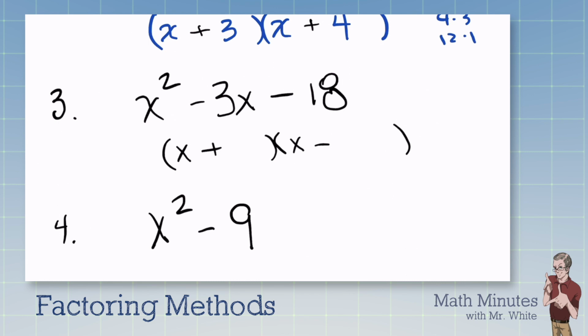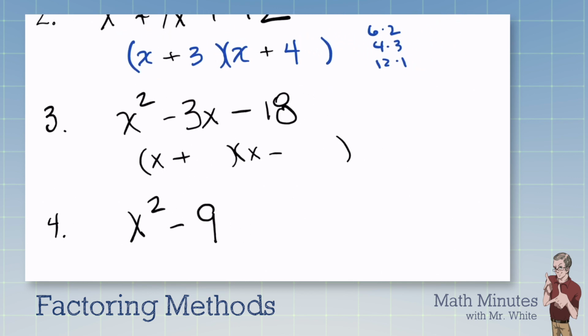So I always like to fill in what I know has to be true, and that helps me solve the problem eventually. All right, so now let's think about what multiplies to be 18. 18 and 1, 6 and 3, 9 and 2. Do any of those add up to 3? Well, no, right?